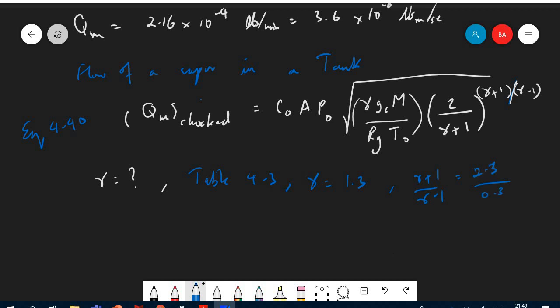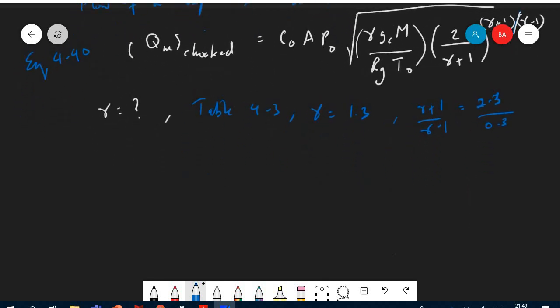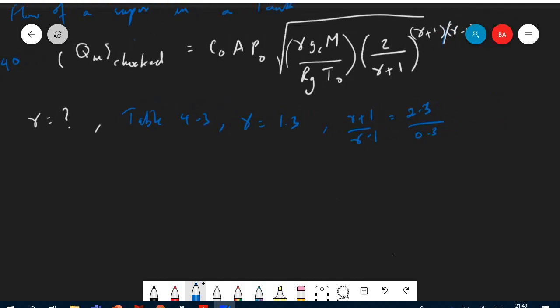Great. So what do I have here? Now I just need to substitute the terms. I have gamma, the molecular weight, the temperature, the universal constant, and P naught. I also have C naught, because we said maximum, so C naught is equal to 1 in this case. And we already have the calculated QM.